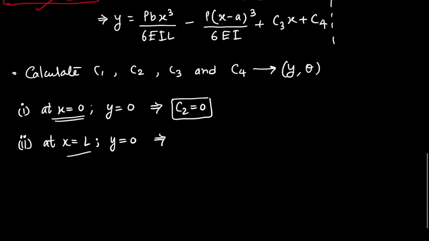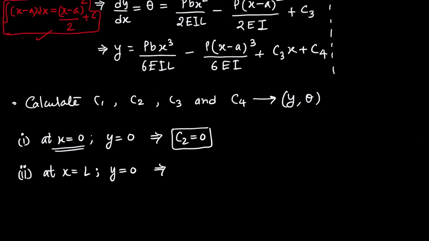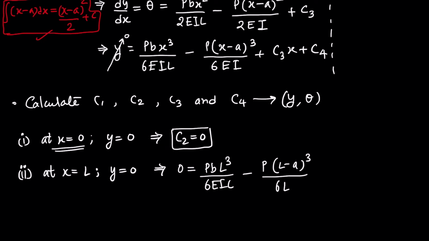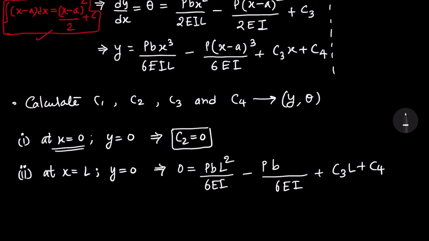So at x = L, y = 0, so this term becomes 0, so 0 is equal to PbL³/6EIL minus P(L − a)³/6EI plus C3L plus C4. Now L gets cancelled out, so this becomes L². Now L − a is b, so I can write it as b³. Now this is fine.